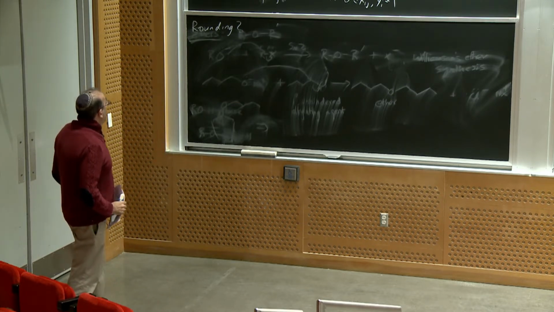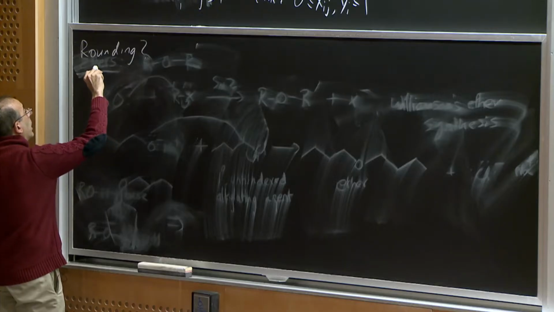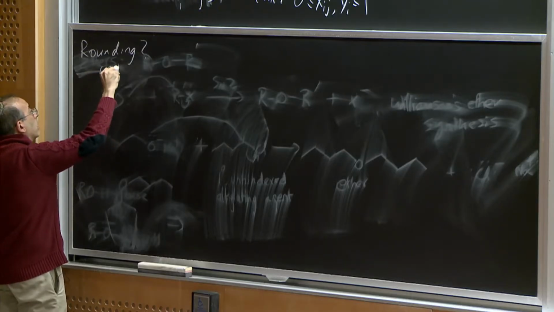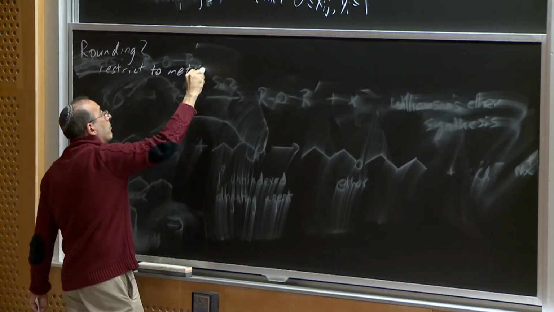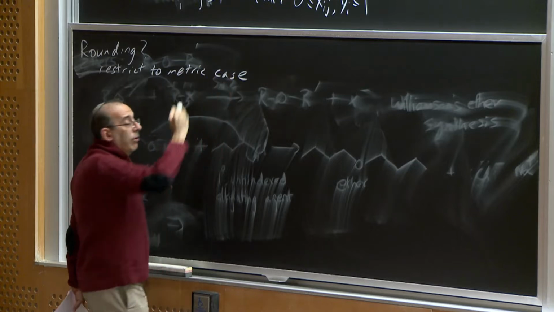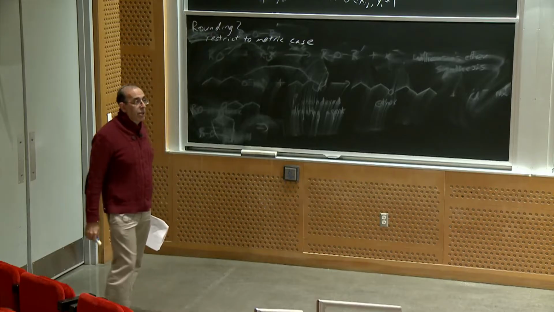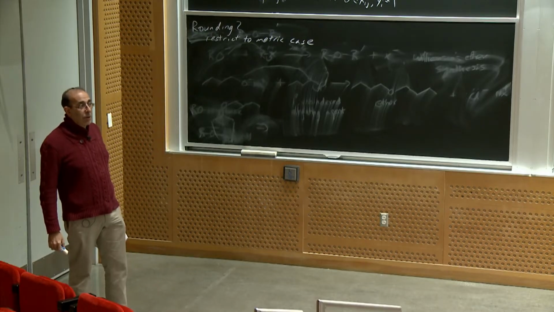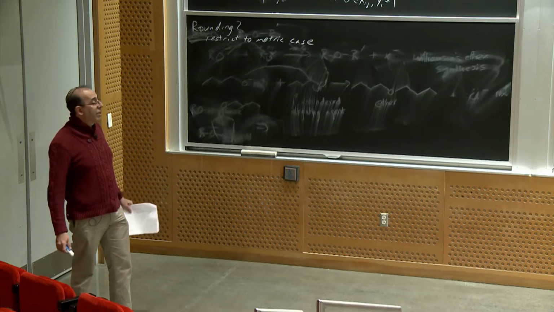And it's actually here that we are going to restrict to the metric case. So the integer linear programming formulation that I gave to you and its relaxation, they apply to any facility location problem. Okay, it's a valid description of the problem.